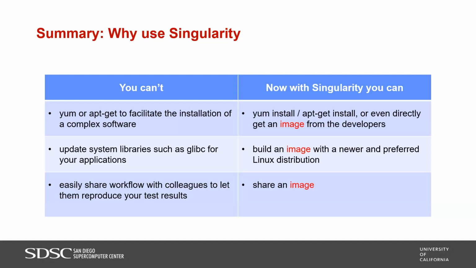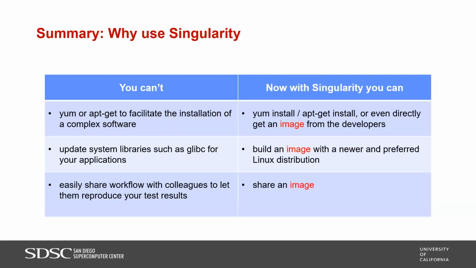But now with Singularity, you can use yum install or apt-get install, or even directly get an image from the developers. Many developers know Singularity, and they have built Singularity images for their software and share them with others, or they have definition files to tell you how to build a Singularity image, or how to build a Docker image.